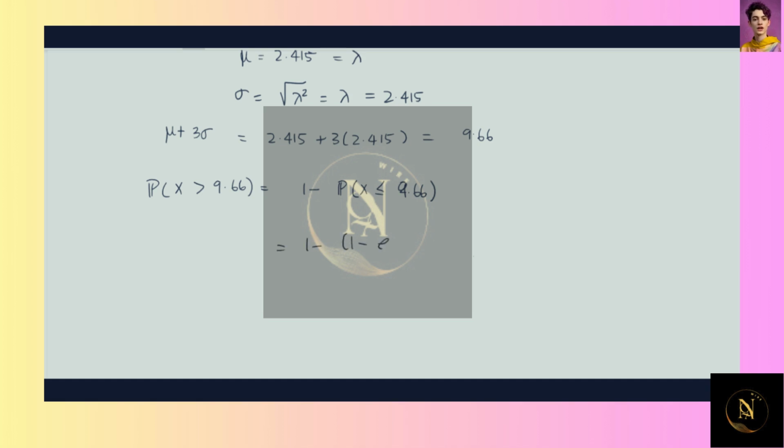So this is 1 minus 1 minus e power minus 9.66 over 2.415, so that is just e power minus 9.66 over 2.415, which is 0.0183. Therefore the probability that the rainfall is greater than the mean plus 3 times the standard deviation is 0.0183.